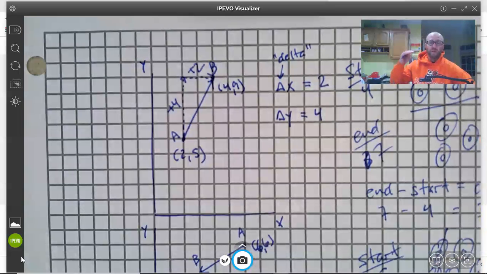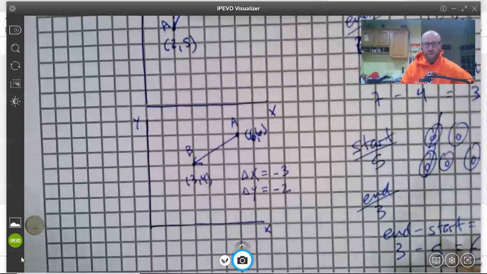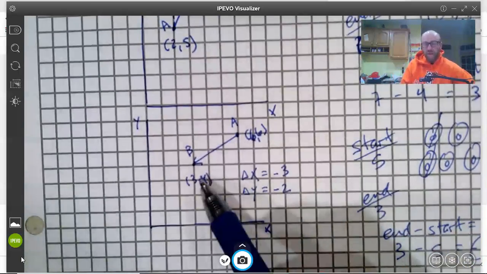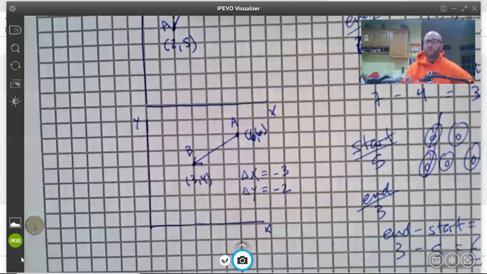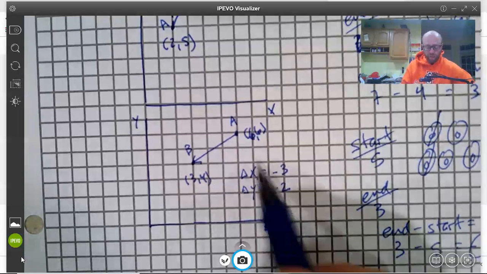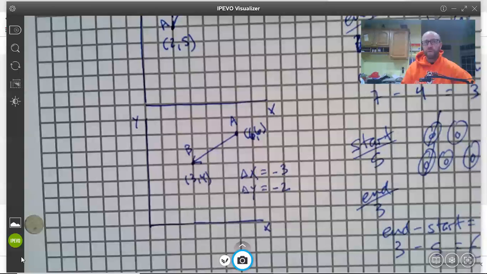The y value increased, so the change was positive. But down here in this example, the x value went from 6 to 3, so the x value decreased, just like the number of donuts decreased, and so the change was negative. And also the y value went from 6 to 4, so the change was also negative.